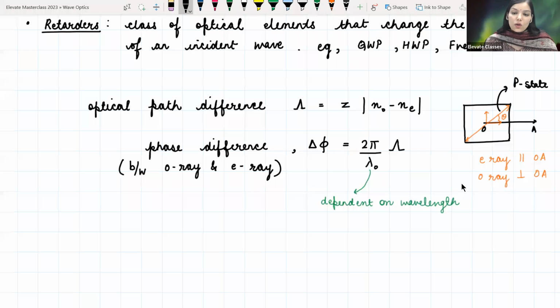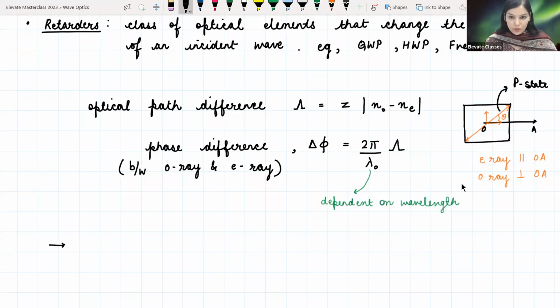So depending on the polarization state of the input light and the wavelength, you would get different types of polarization states on the other end of the retarder.